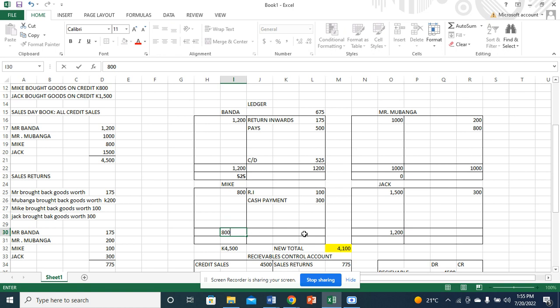Here we have 800. 300 plus 100 is 400. So 800 minus 400. Mike is now owing 400.